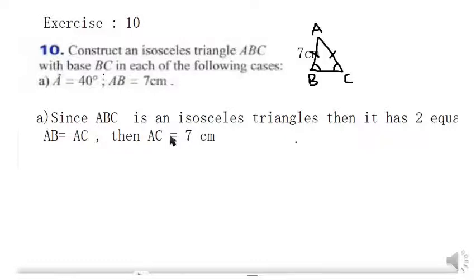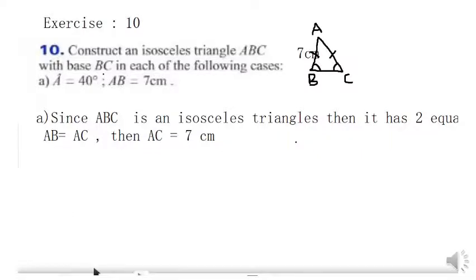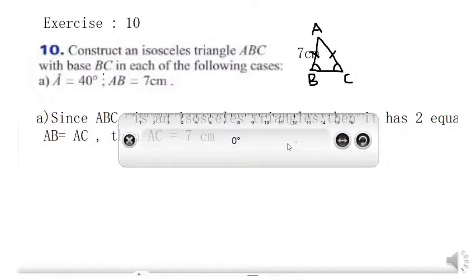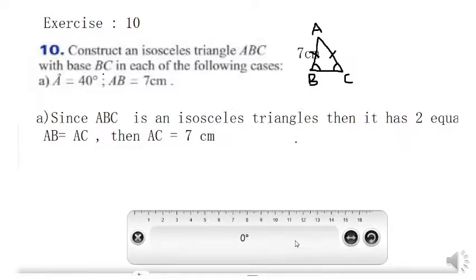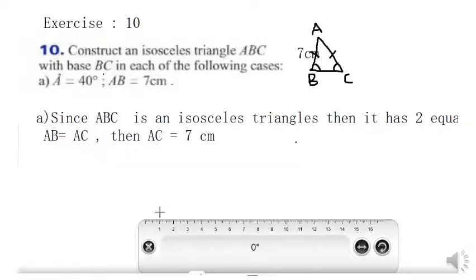This is the case of side, angle, side. So we start drawing with this side. You can choose either AB or AC. Let's start using the ruler. We have to start with the first side, which is equal to 7 centimeters.